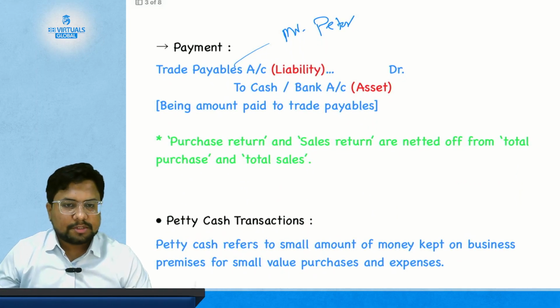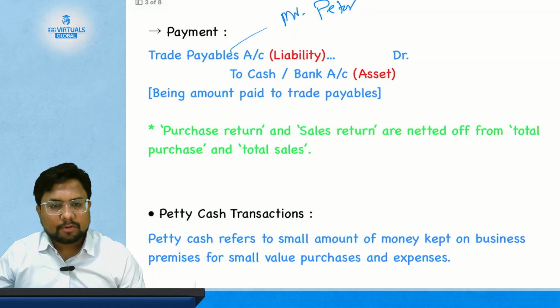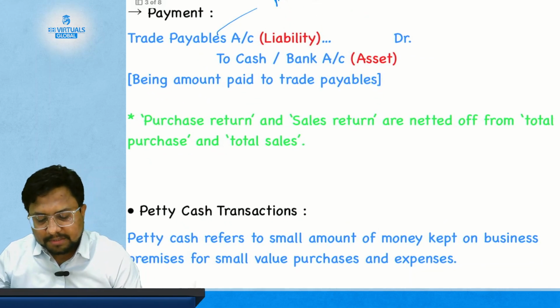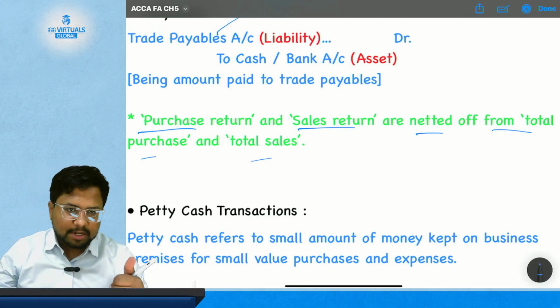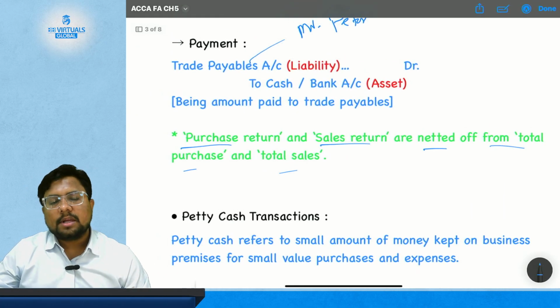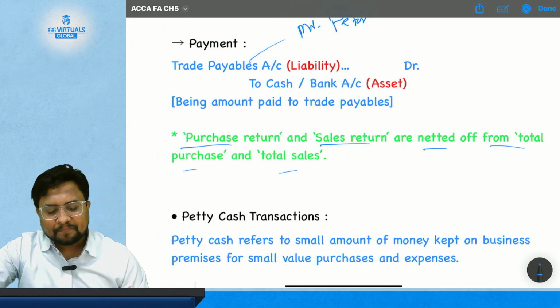This is the note we have studied till now. It is also given in the note that purchase return and sales return are netted off from total purchase and total sales. We know that total purchase will be reduced by purchase return and total sales will be reduced by sales return.